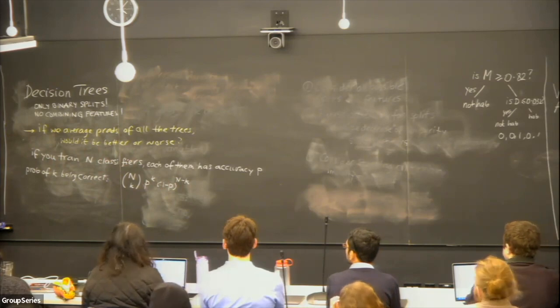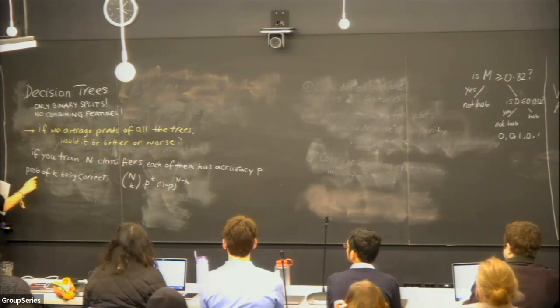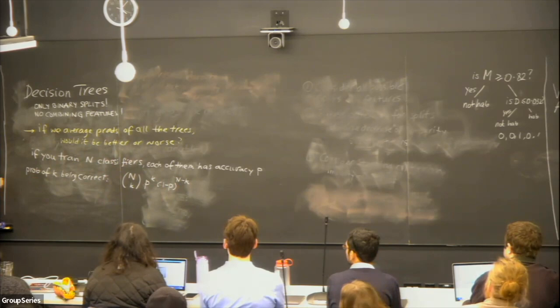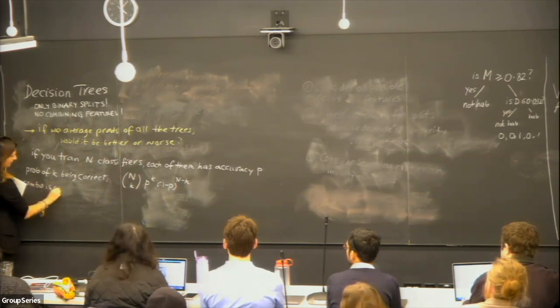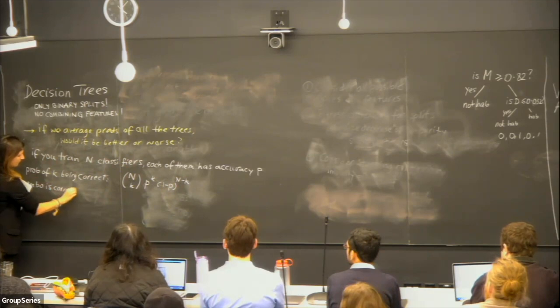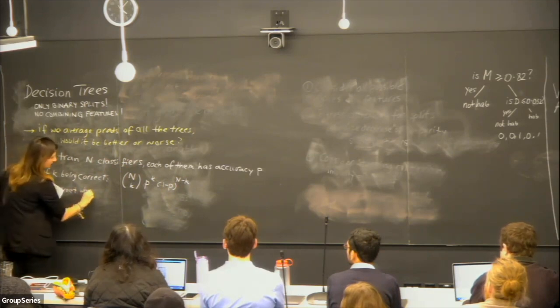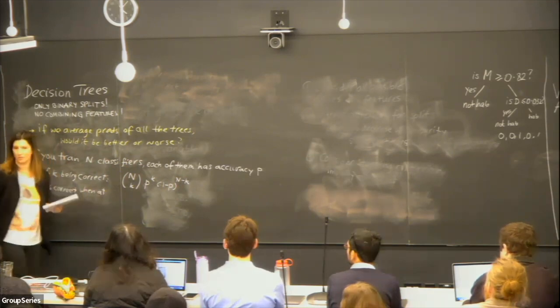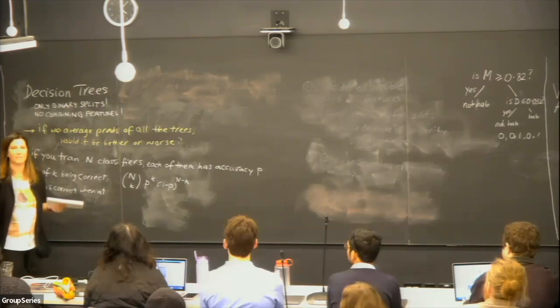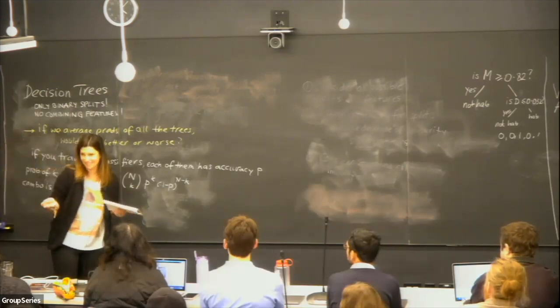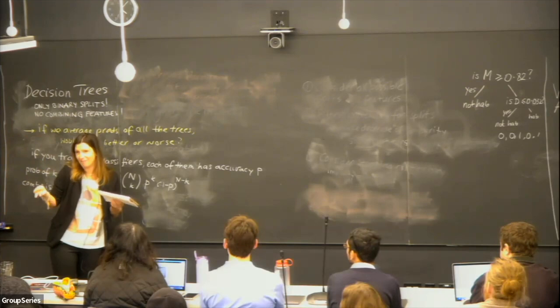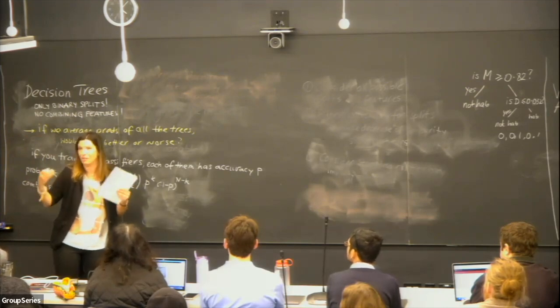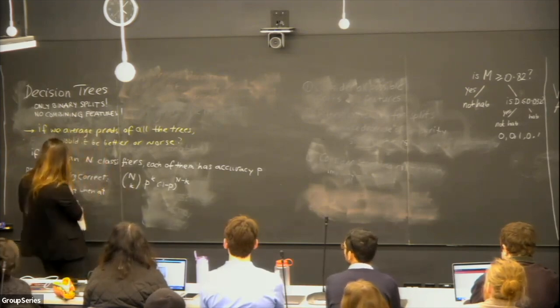So the combination classifier is correct when at least half are correct, because we're taking the majority vote. We need more than half of the classifiers to be correct for the combined classifier with the average to be correct.